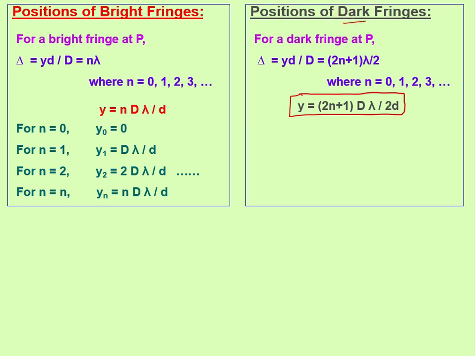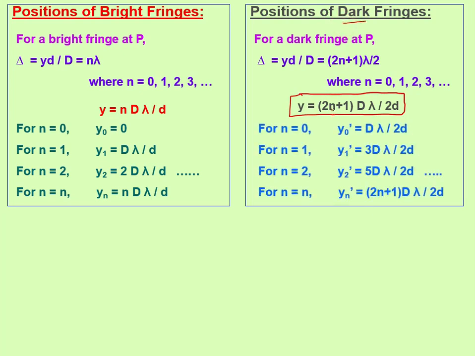Dark fringes, destructive interference. Substitute n equal to 0: you get lambda capital D upon 2d. N equal to 1, so this is 3 lambda capital D upon 2d. N equal to 2, so this is 5 lambda capital D upon 2d, like this. So these are the positions at which we get minimas.